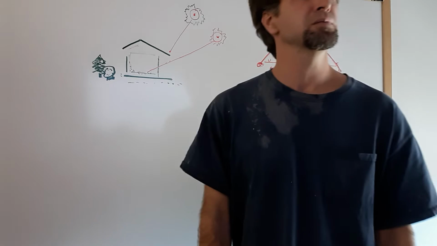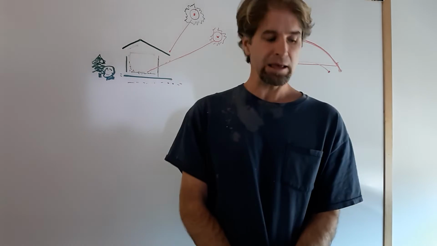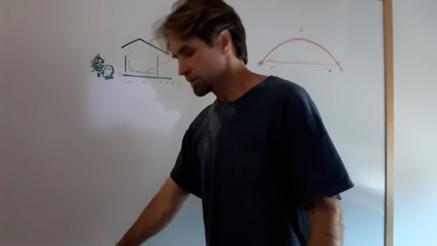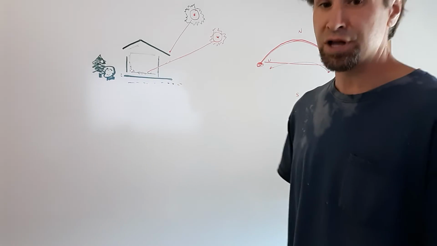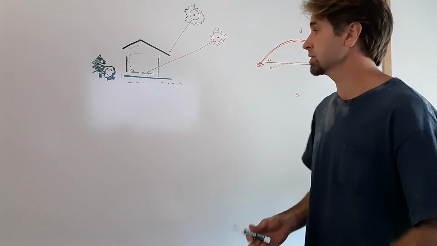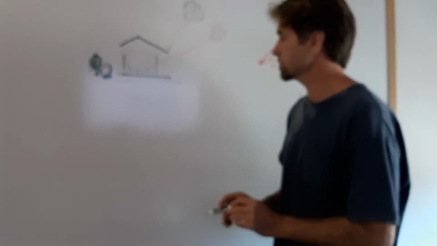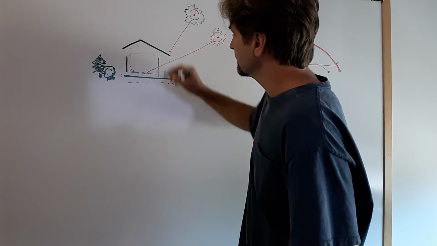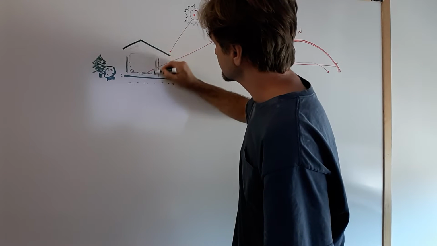The next system is the indirect gain, and with an indirect gain system, there's a number of them, but typically we have something that's called a trombe wall, which is next to the glazing.